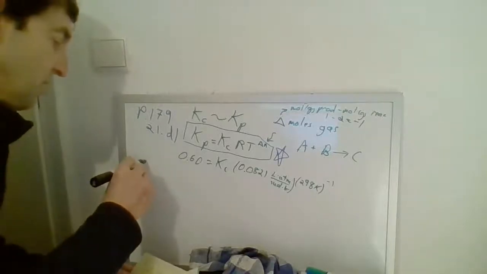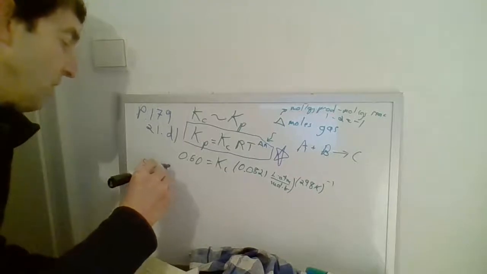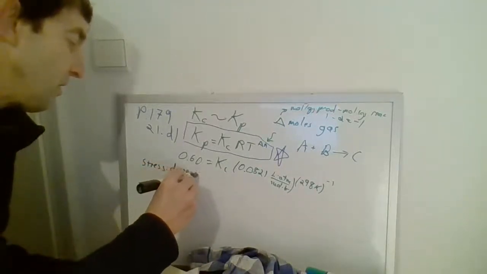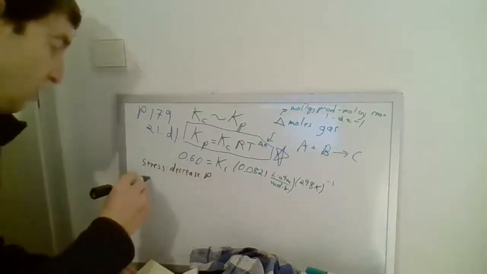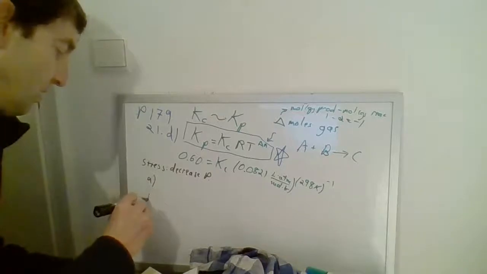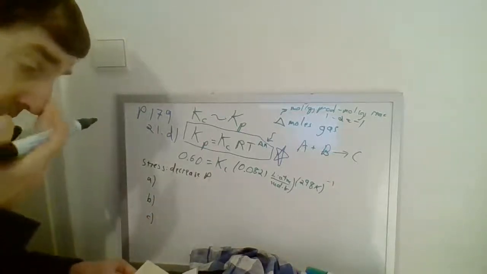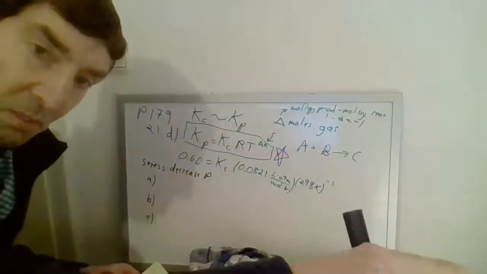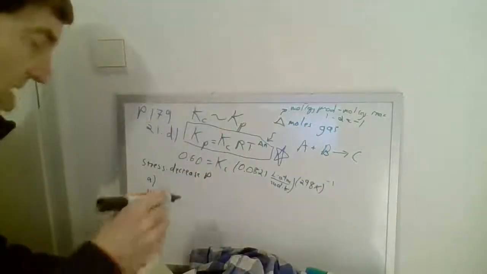So our stress, as Cheryl would say, is decreased pressure. We're going to give you 3 reactions, A, B, C. And you're going to tell me which way it shifts, towards the products or towards the reactants. Okay? All right, here we go.